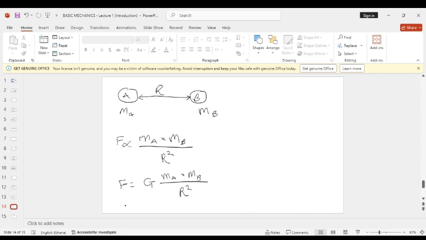So this is the general equation for the law of gravitation.